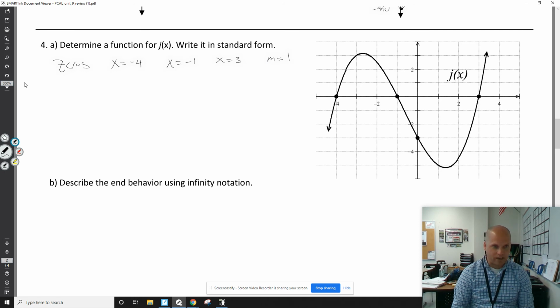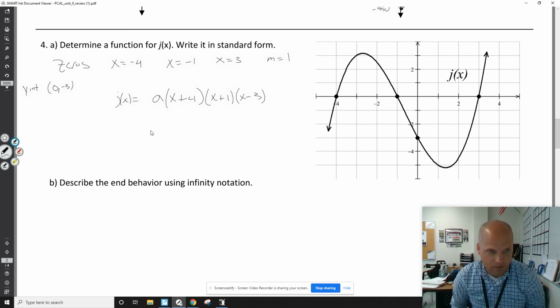We also have an extra point. Our y-intercept is at (0, -3). That will be used. My j of x function is going to be some leading coefficient, a, times all of these factored roots, x plus 4, x plus 1, and x minus 3.